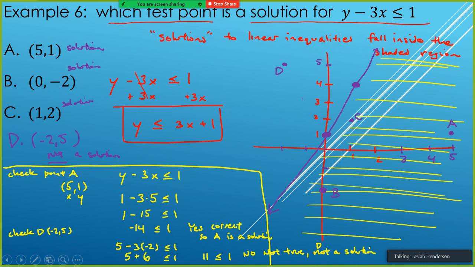So sometimes we might be able to answer these questions without doing the graph. But you can make a graph and just check it visually. So we've got 2 different tools in our toolbox for checking points to see if they're a solution or not.